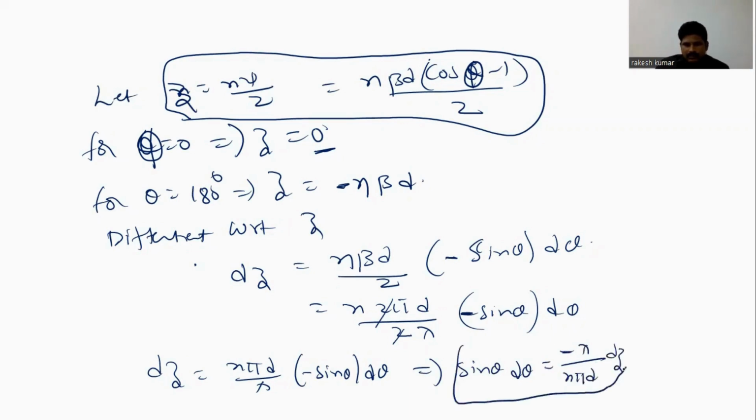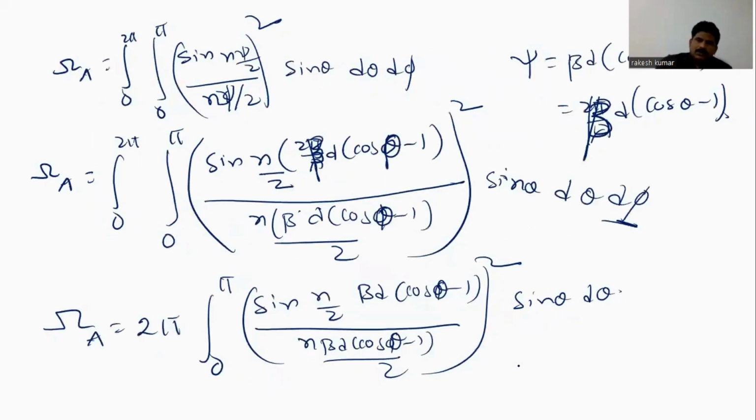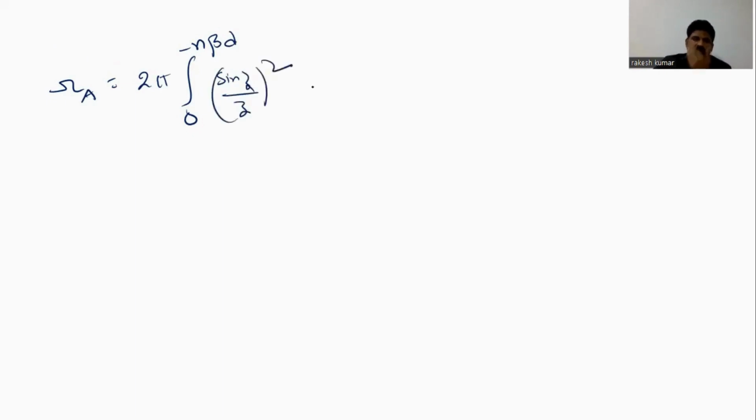So this is very, very important. Sin theta into d theta, I can replace, and I can change the limits also. If I change the limits, my final expression sigma a is equal to 2 pi into limits 0 to minus n beta d, the expression is sin z by z whole square into sin theta d theta.